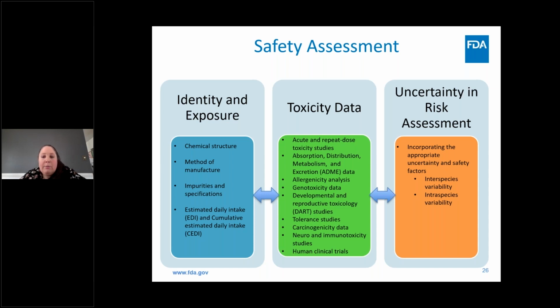So humans have a tremendous amount of variability due to differences in age, you've got healthy populations versus sick populations, and you also just have a tremendous amount of genetic variability that you need to account for. And as toxicologists, we can also look at the studies and apply a safety factor if we feel that there were deficiencies in the study design.